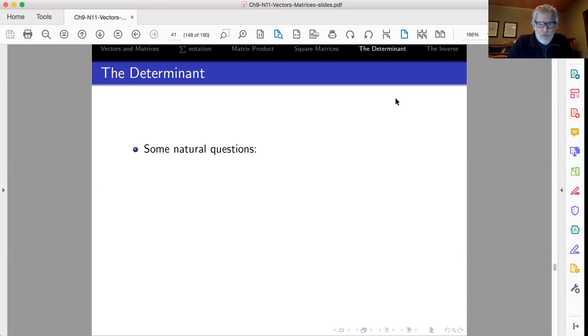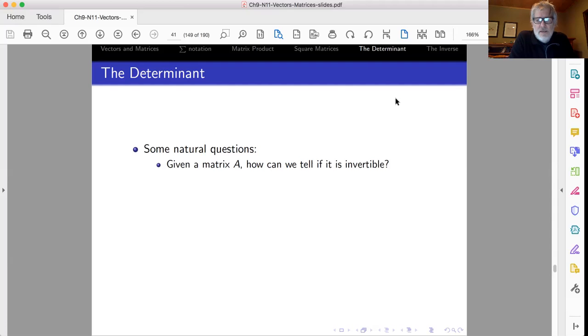Now we're going to look at a very interesting gadget, which is going to allow us to determine if a matrix is invertible or not. So the questions we're investigating are the following. I give you a square matrix A. How can you tell if it's invertible?